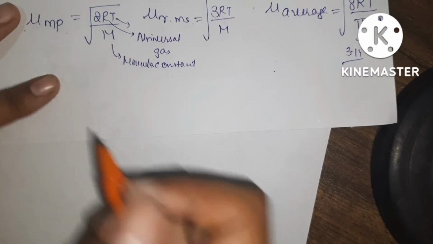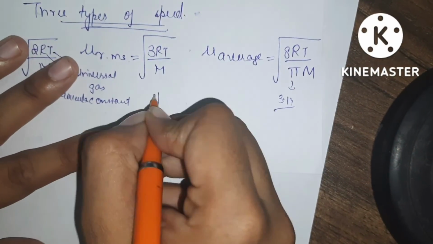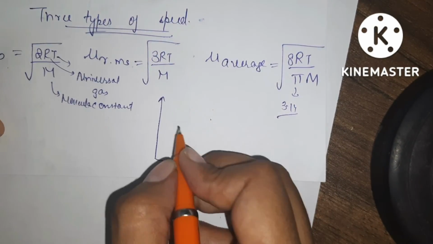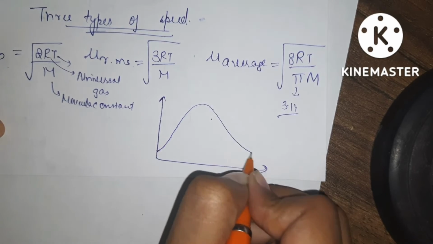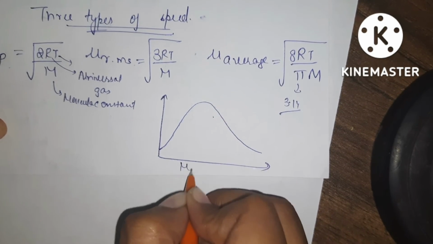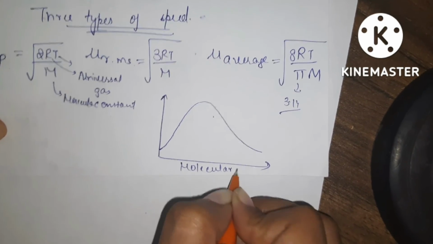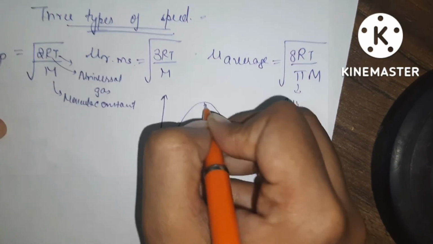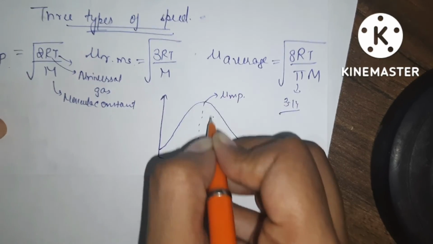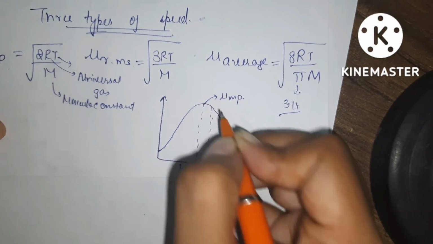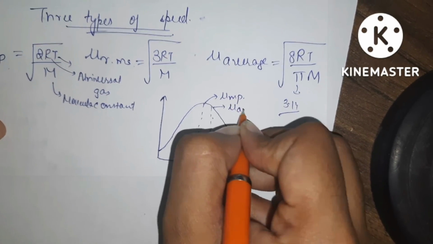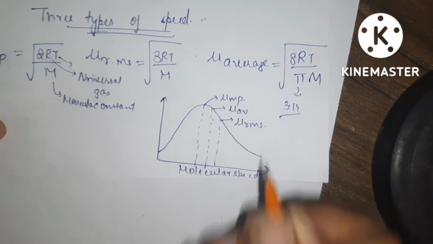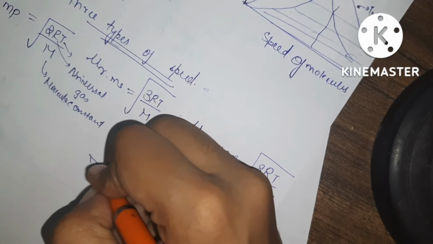If I plot the graph between molecular speed and fraction of molecules, then the most probable speed UMP is at the highest point of the curve, after that U average, after that URMS.